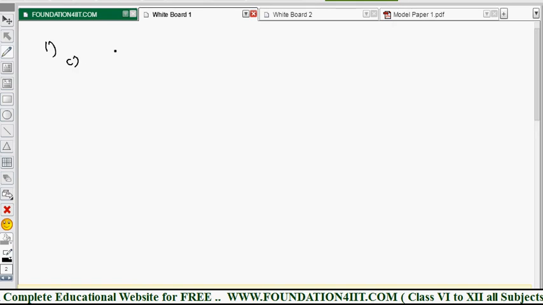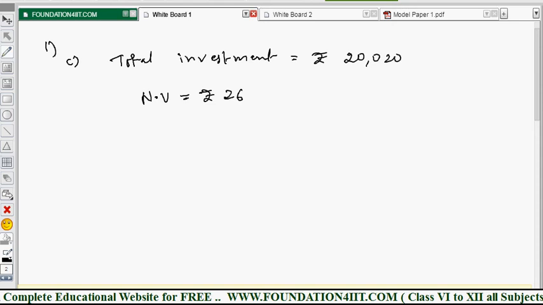According to the given data, the total investment is rupees 20,020. That's given, and the nominal value of one share is rupees 26, and premium is 10%.